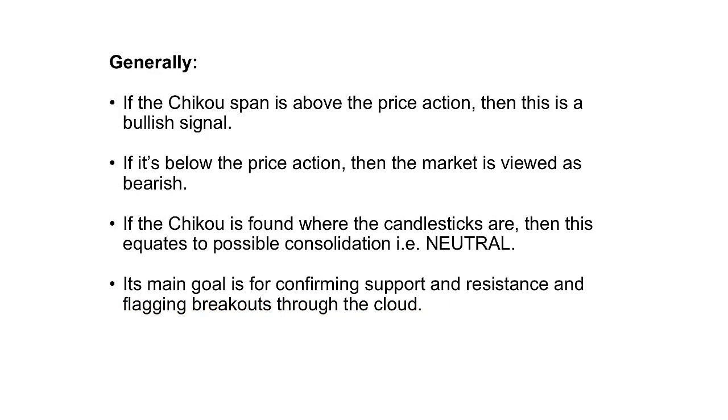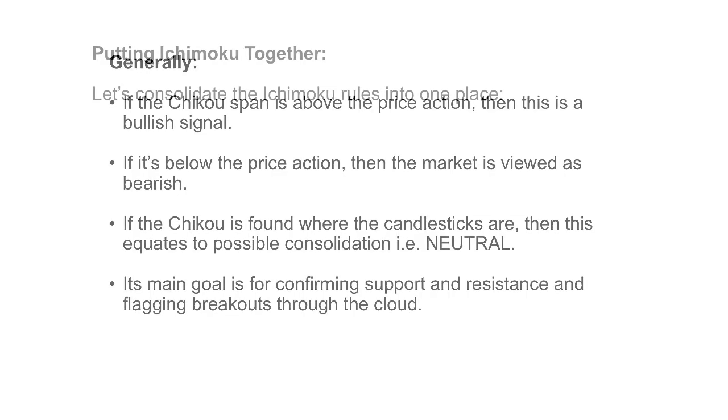So some basic rules: if the Chikou span is above the price action, then it's bullish, and vice versa. And if the Chikou is found where the candlesticks or blocks, when we look at the Renko, are, then this equates to possible consolidation, i.e. neutrality. And its main goal is for confirming support and resistance and flagging breakouts through the cloud.